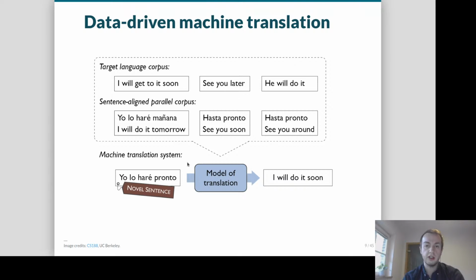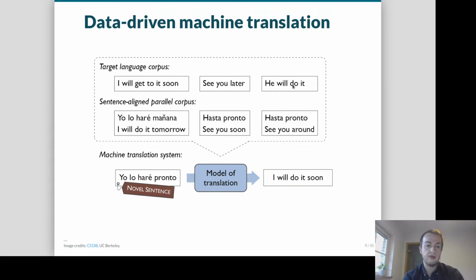So, data-driven machine translation, very abstractly, would start with a corpus of text. For example, a corpus of sentences in the target language. Let's say the target language is English. We would start with, for example, these three sentences in English.